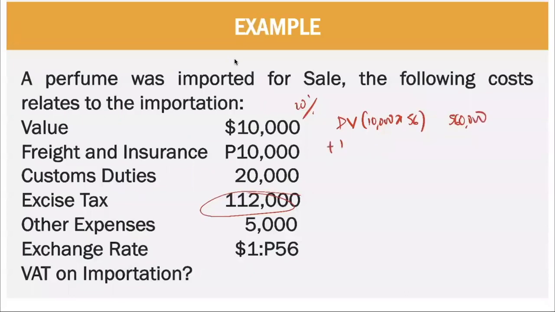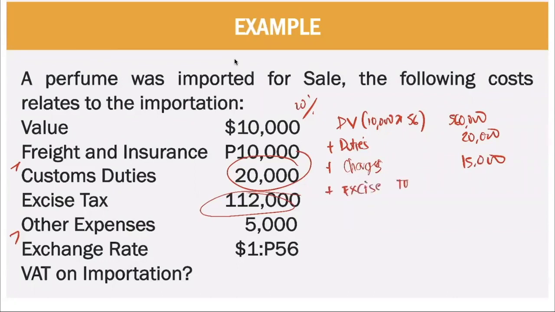And then we add your customs duties, which is 20,000 pesos. You add your charges. So your charges are freight and insurance and your other expenses, so 15,000 pesos. And then you need to add your excise tax. Our excise tax is 112,000.